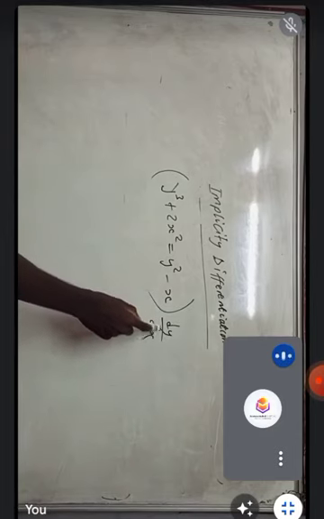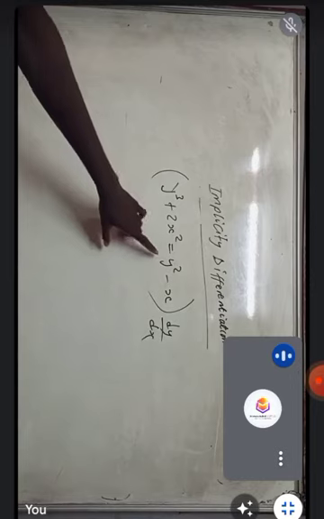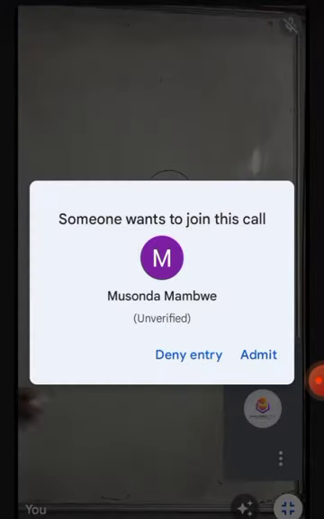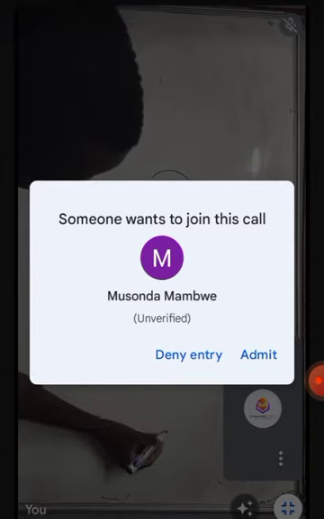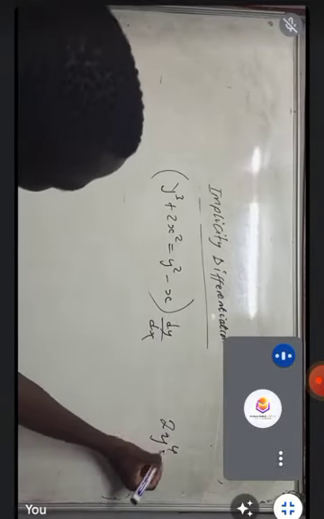By dy/dx. Note that when you are differentiating y, for example, you have been told to differentiate maybe 2y to the power 4.